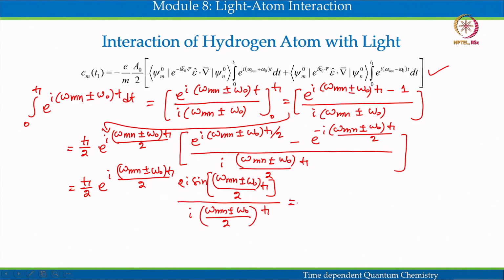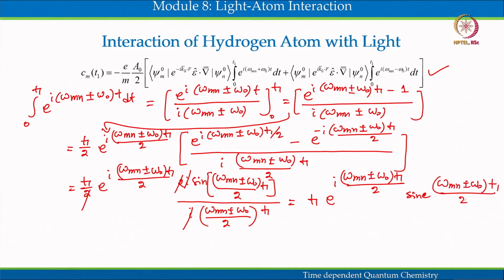So what I get finally is that the 2 and 2 will cancel out, this i will cancel out. So I get t1 e to the power i (omega mn plus minus omega naught) t1 by 2, then the cardinal sine function, which can be written as sinc of (omega mn plus minus omega naught) t1 by 2.